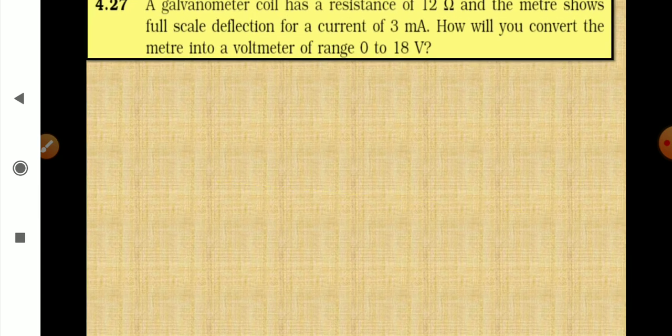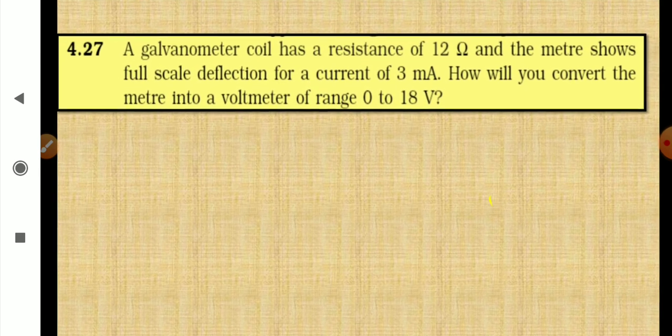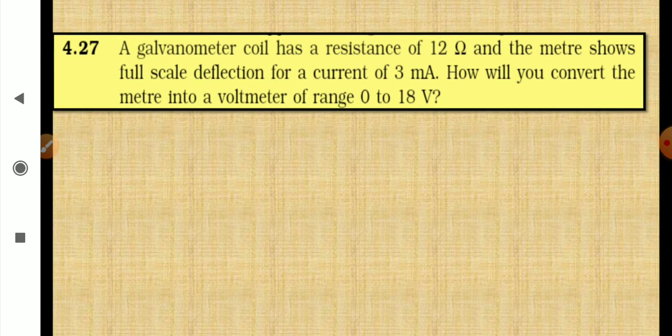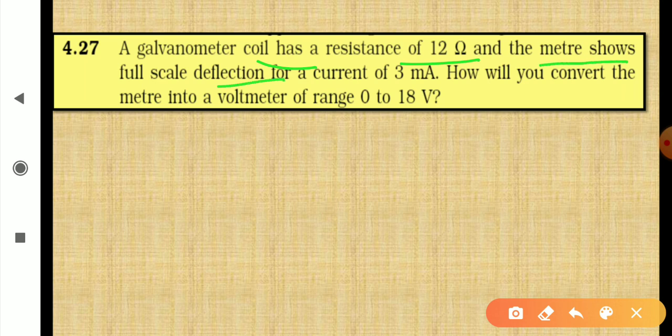This is NCERT numerical, unsolved numerical. As you can see, 4.27. A galvanometer coil has a resistance of 12 ohm and the meter shows full deflection for current of 3 milliampere.